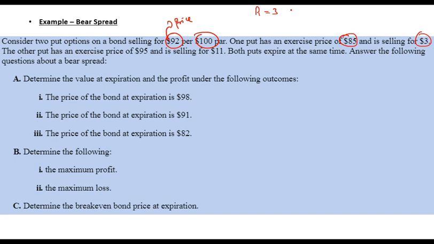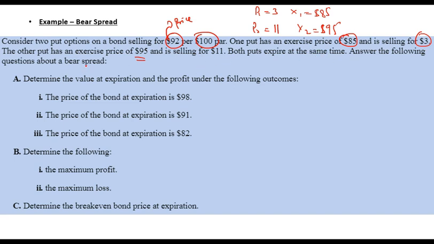First put option selling for $3, exercise price of $85. The other put has an exercise price of $95, selling for $11. Both puts expire at the same time.